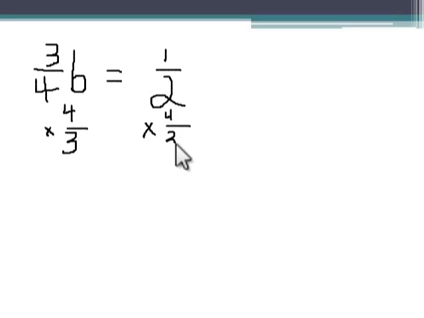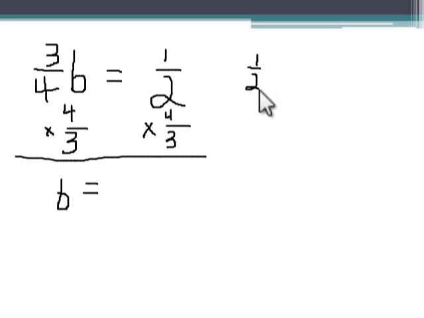Now, as I showed you earlier in a lesson, sometimes visually people like to look at things a certain way. Most people like to look at multiplication of fractions horizontally. So I'm going to write it to the side horizontally. 1/2 times 4/3. See any canceling that we can do? Good. We are going to cancel our 2 and 4.